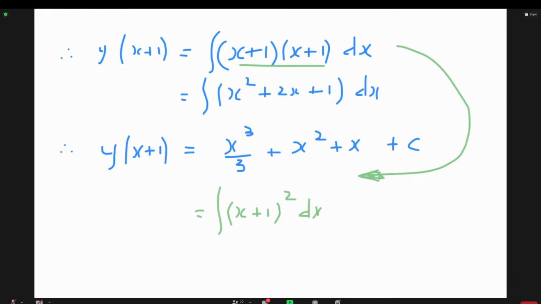And if you're on top of your game, then this is x plus 1 cubed over 3 plus c. Okay. So we could have gone in this direction instead of here. But it doesn't matter, again, for examination purposes, whichever way you go. Okay, so far so good.